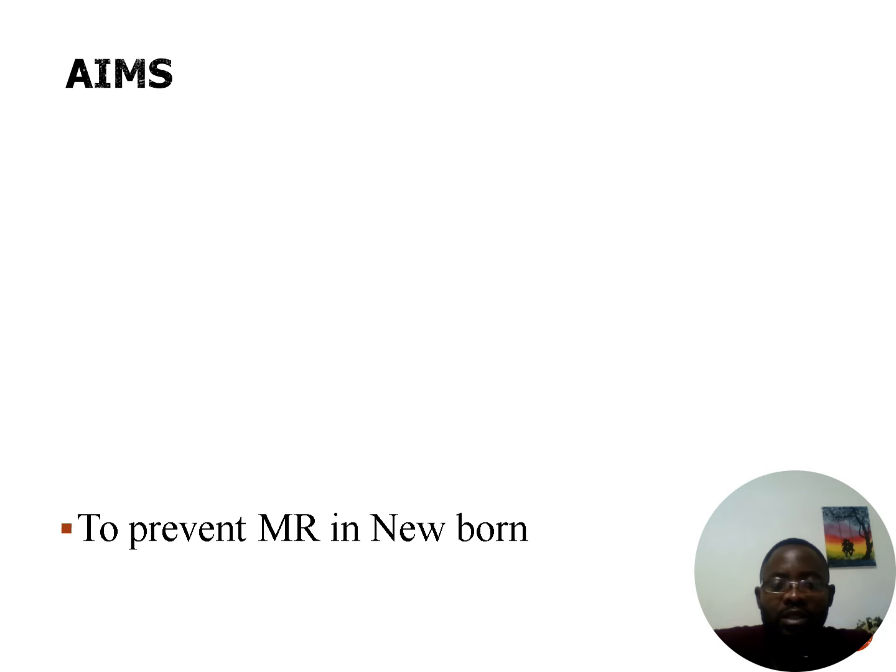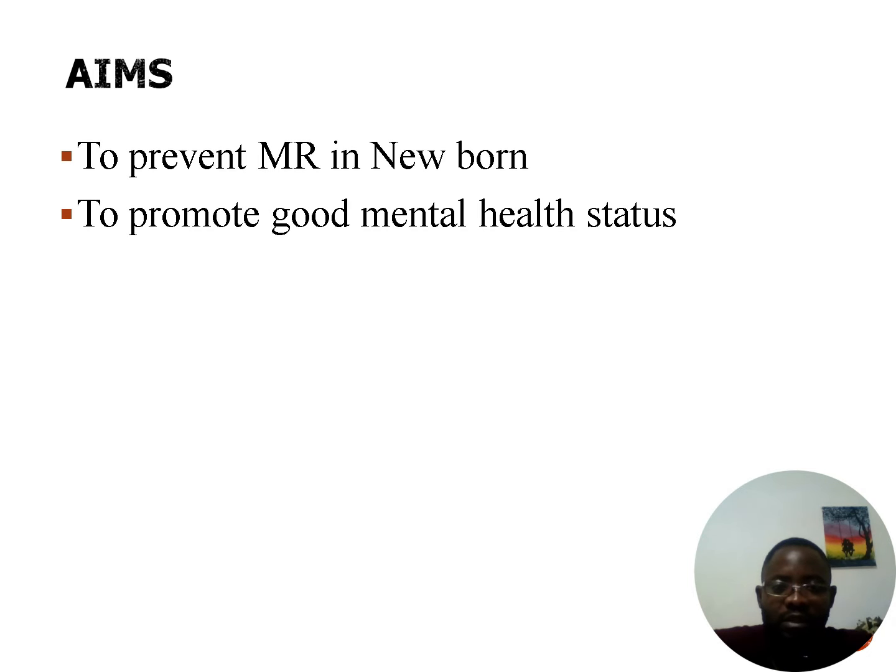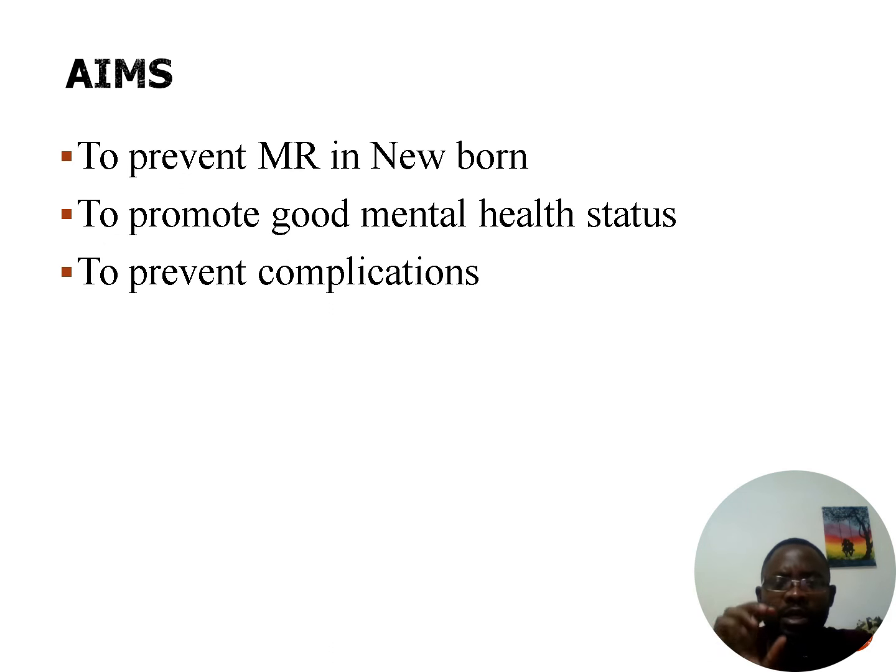So let's see some of the aims I put down here. We have to prevent mental retardation in the newborn, to promote good mental health status, to prevent complications. So 3 aims are enough to get you the 2 marks that you deserve. Okay, the 2 marks that's allocated to aims most of the times.